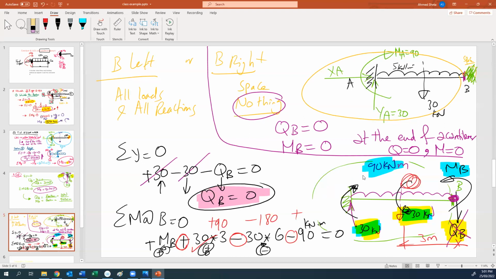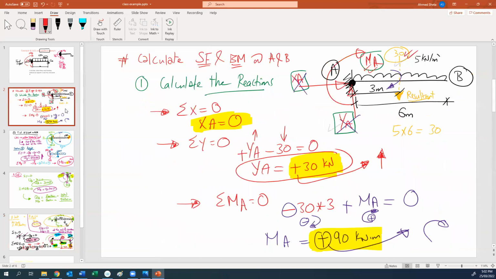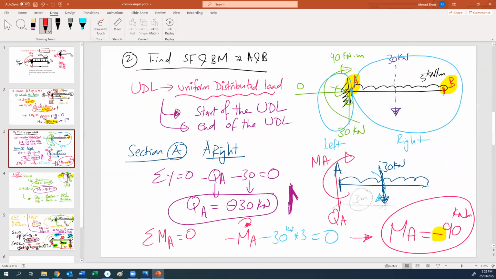So this 90 is in this direction. If we go back, I will just adjust this one, MA. When we calculate it, it should be in the reverse direction, so the moment here should be in this direction. This is what caused the problem.